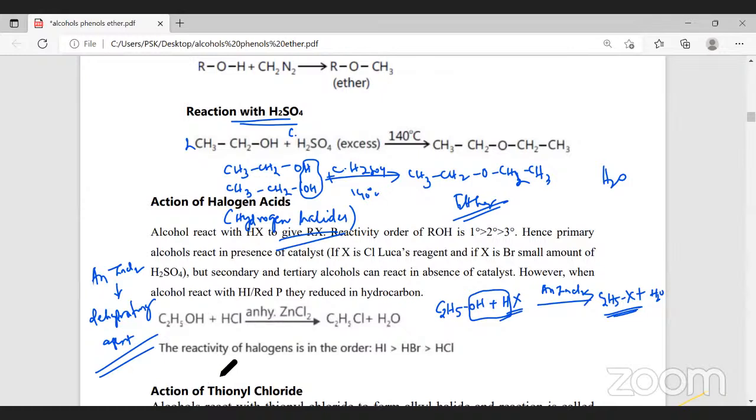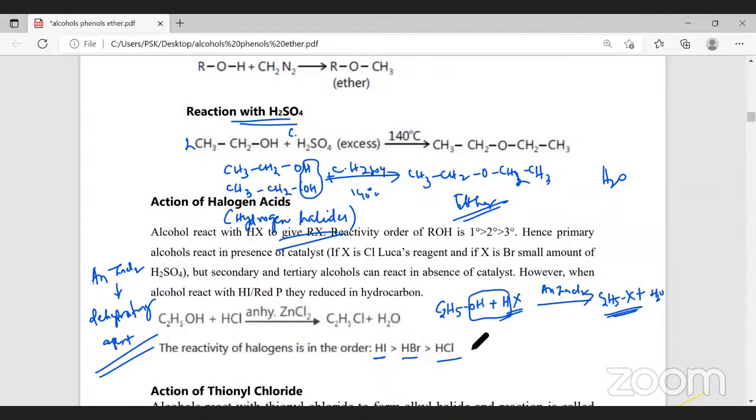The reactivity of halogens is in the order: HI is more reactive to ethanol compared to HBr, and HBr is more reactive compared to HCl. Dehydration takes place, forming alkyl halide.